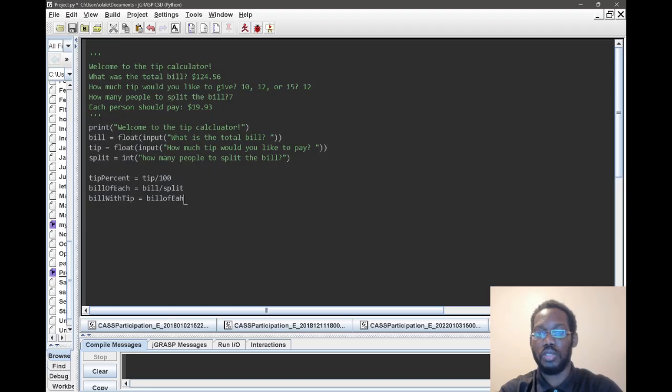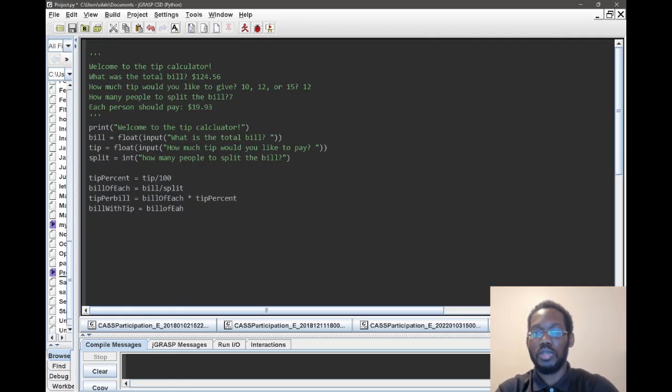No, first we need to calculate tip per bill. That would be the bill of each multiplied by the tip percent.